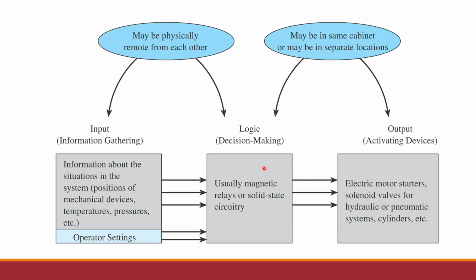In the decision-making area, this processing of the inputs, I'm looking at those inputs and I'm making a decision what to do. And I have designed and constructed the circuitry, whether it's hardwired or if it's software based.